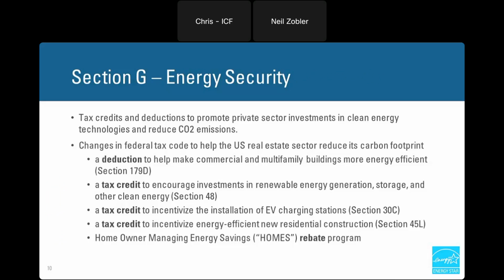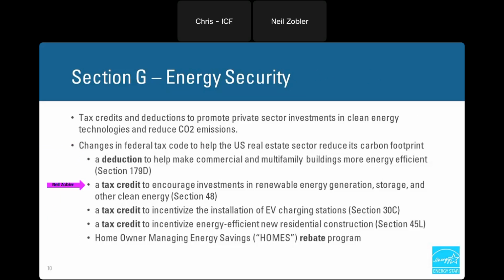So Section G, the energy security section. This is the one that provides the tax credits and deductions to promote private sector investments in clean energy and to reduce CO2 emissions. The changes in the code help the U.S. real estate sector reduce its carbon footprint by creating a deduction, Section 179D, and I'll get into that in just a minute.